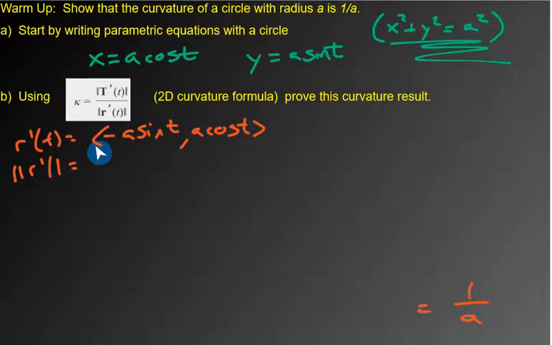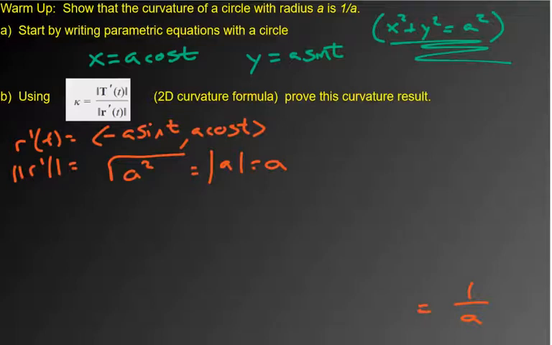When you take the a squared out, you get the square root of a squared times 1, because of sine squared plus cosine squared. And that square root of a squared is the absolute value of a, which is a classic algebra 2 mistake to drop the absolute value. But a is positive, so we can just write a, because it's the radius. So that is the magnitude of r prime.